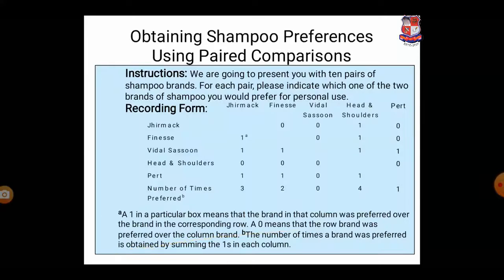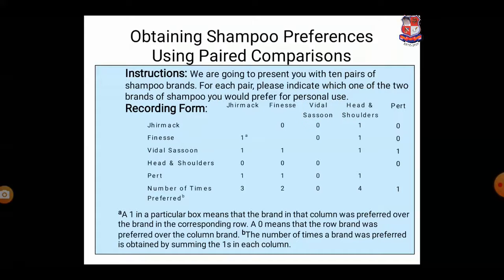Further, we are going to discuss an example of a paired comparison scale. Here you can see five different brands of shampoo mentioned in a row and column. The first brand mentioned is Mark, second is Finish, third is Vidal, fourth is Head and Shoulder, and fifth is Pert. The same brands of shampoo are mentioned in a column.